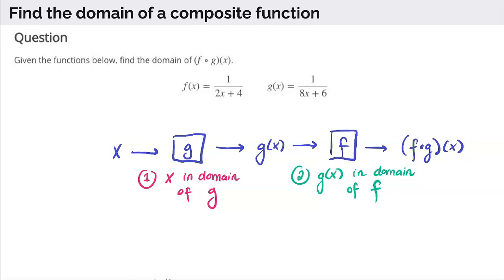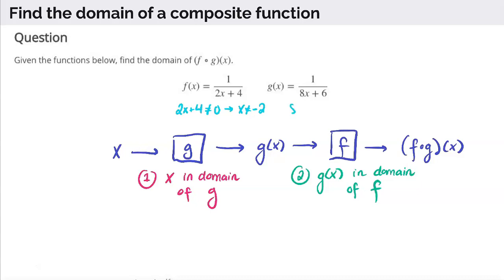Okay, so before we add anything else to this diagram, we can go back and see what the domain restrictions were for our two individual functions. So these are both rational functions. So for both of these, we're just trying to make sure that the denominator expression is not 0, which would mean in this case that our input can't be -2.